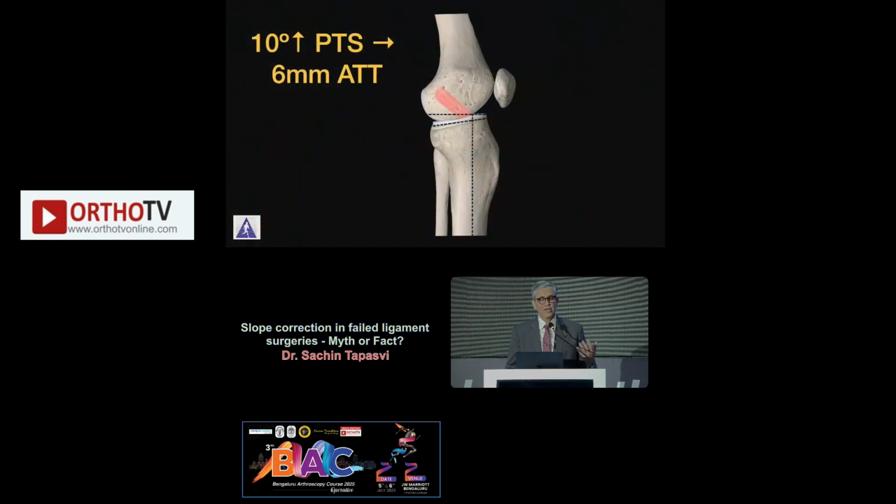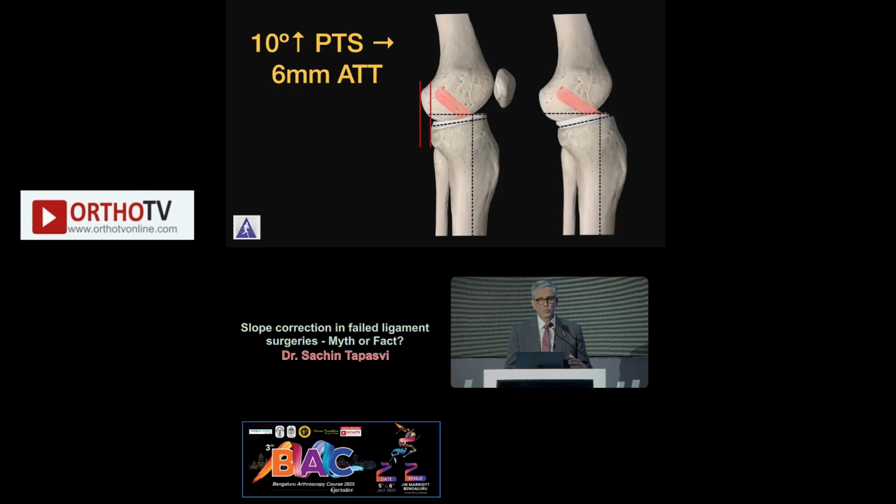With every 10-degree increase in slope, you get a 6 millimeter increase in anterior tibial translation. This is a 9-degree tibial slope. You can see that there is translation. And when the slope increases to 15, you can see that the anterior tibial translation increases further.